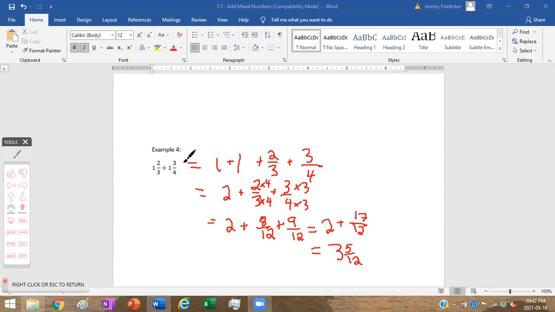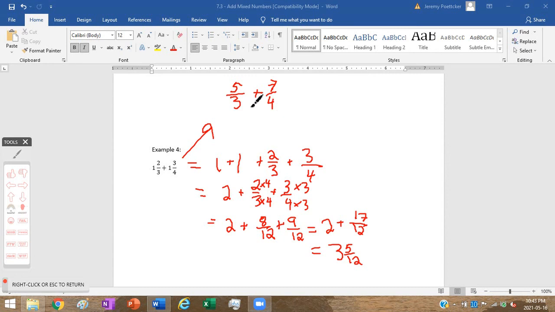Method 2, here it comes. I'm going to just show this up here on my screen. You probably have more room on your page, but I write pretty big here. So 1 times 3, that's 3, plus 2 is 5, so I've got 5/3, plus 1 times 4 is 4, plus 3 is 7, 7/4.